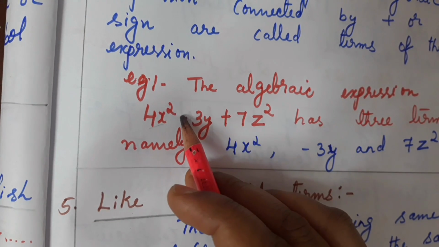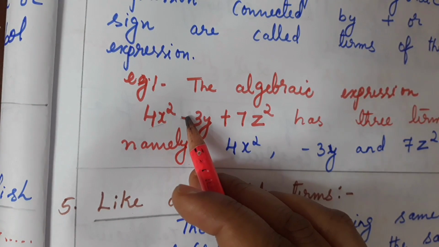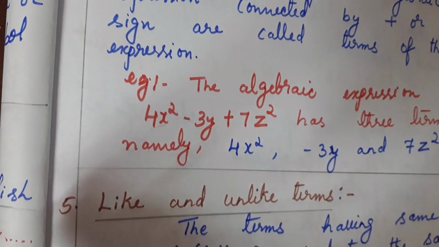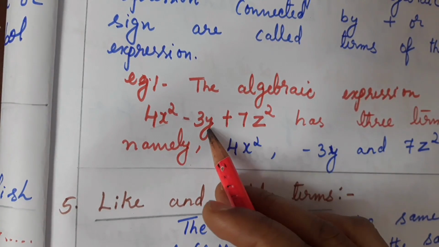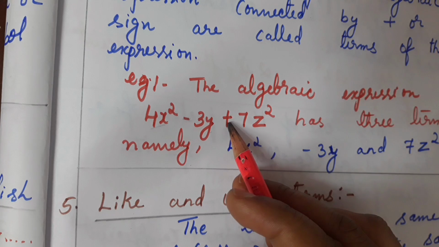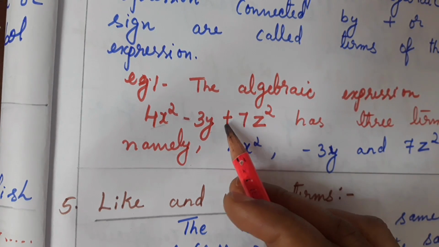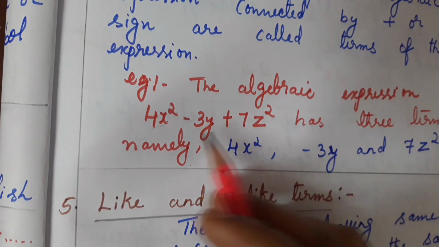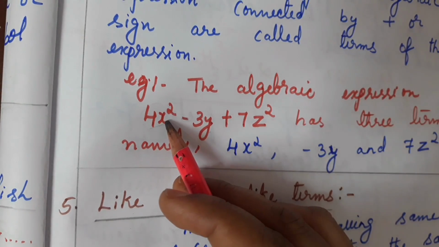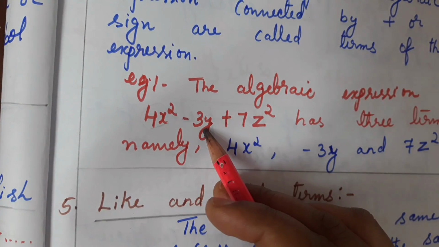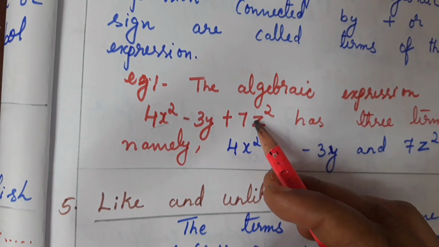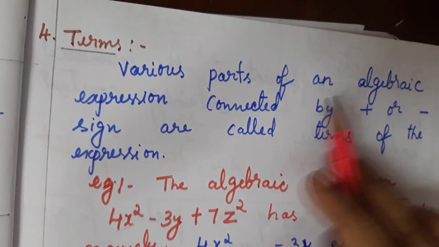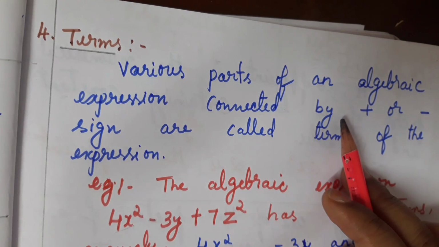After that a minus symbol separates the first term from 3y. So minus 3y is the second term, and after that a plus symbol is given, which separates the third term, 7z. Various parts of an algebraical expression are connected by symbols.